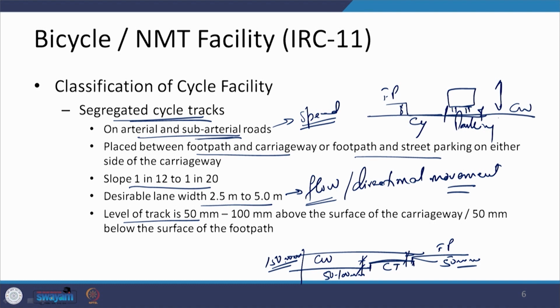So, this type of vertical separation is also usually done if you need to ensure more safety for the movements of different types of road users.